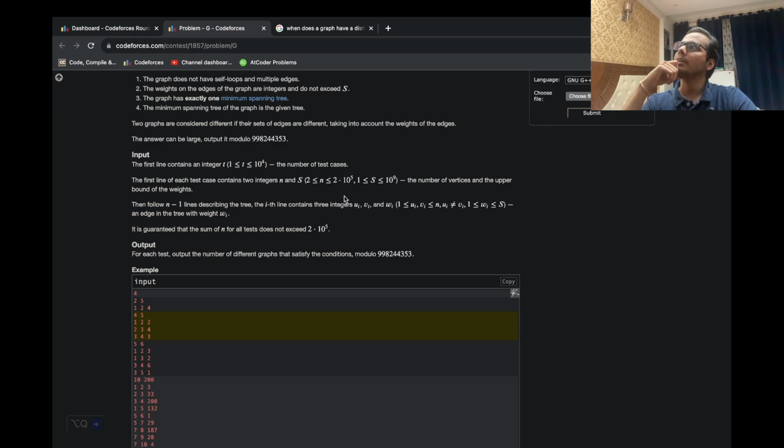And we are looking at a tree, so it will never happen that both of them are already in the same component.